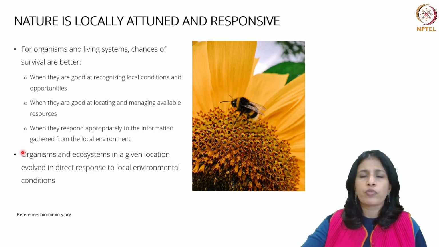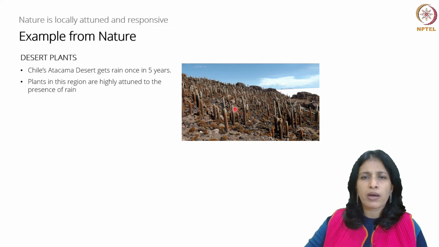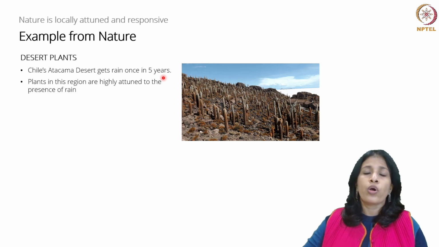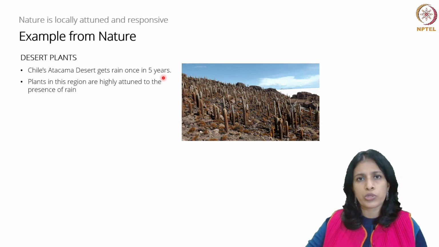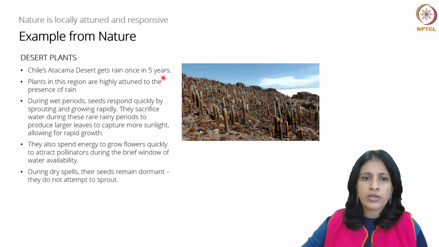An example of nature being locally attuned would be the plants that you see in the deserts, especially in Chile's Atacama Desert. Now, you have these plants that don't have very great water conservation strategies, but when it rains, and it rains once in 5 years, imagine they go through long periods of drought. But when it rains, these plants ensure that they respond quickly. What do they do?